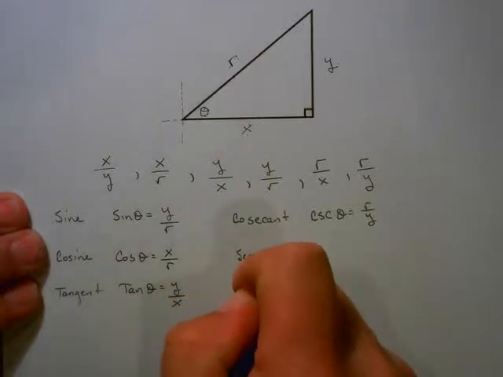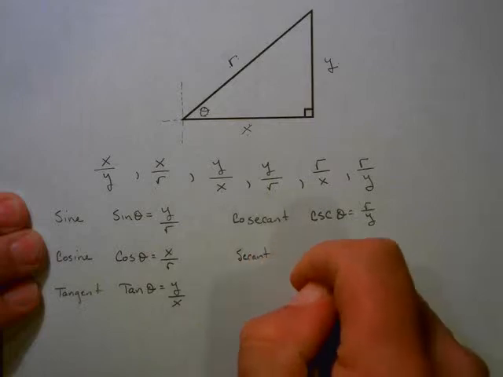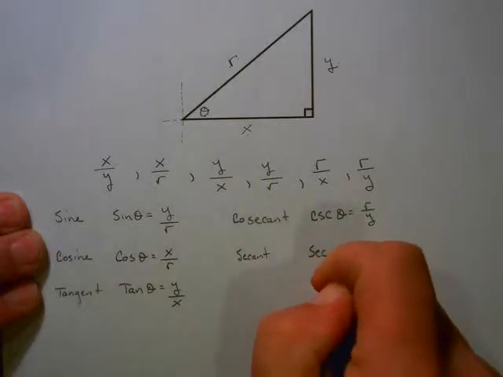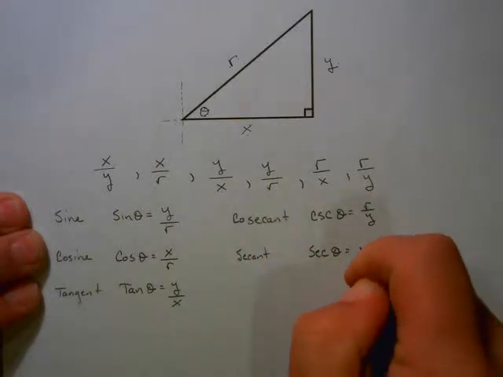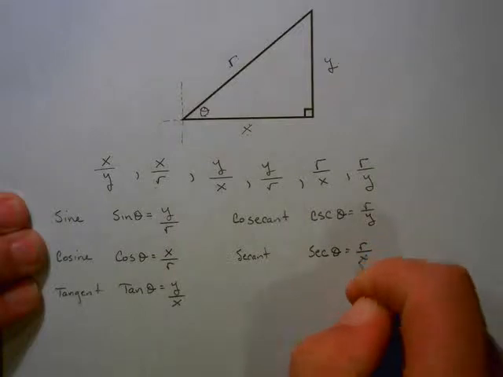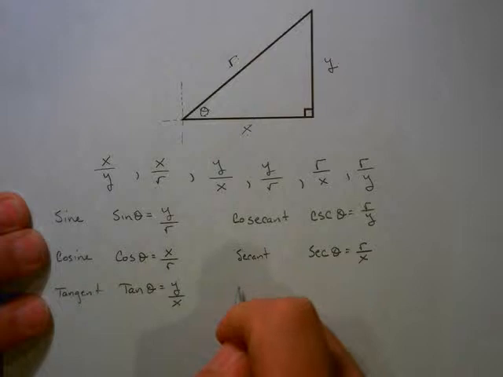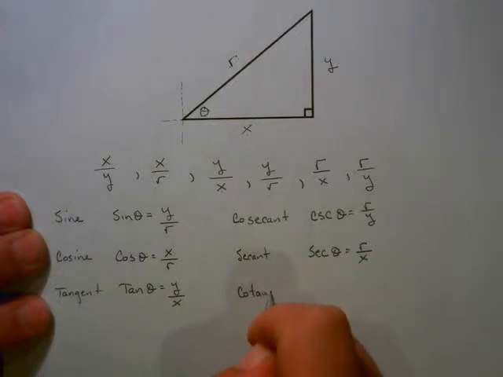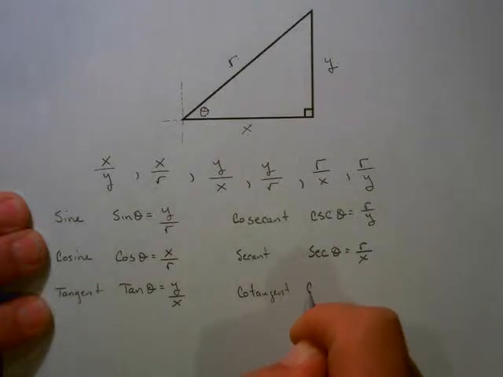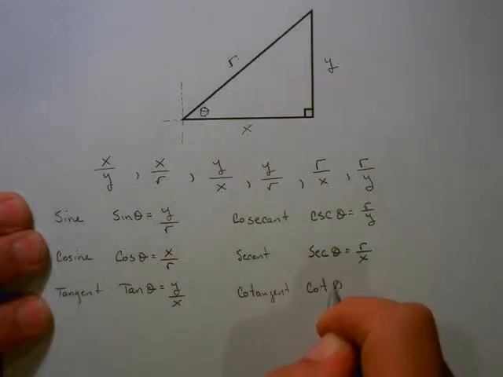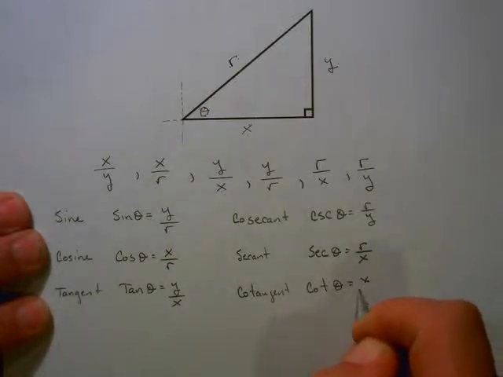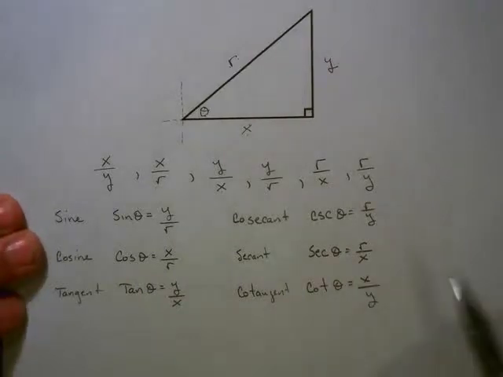Secant, which is SEC of our angle, is equal to r over x, which is really the reciprocal of cosine. And then cotangent, which is COT of our angle, is equal to x over y.